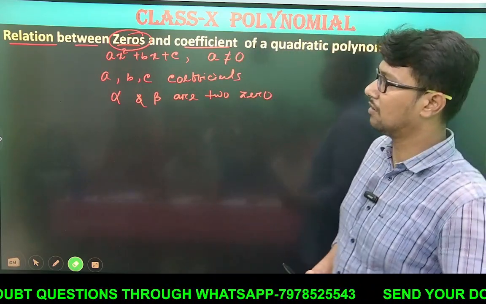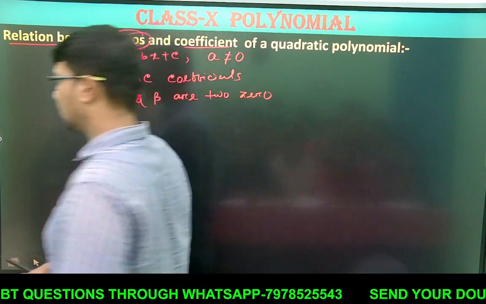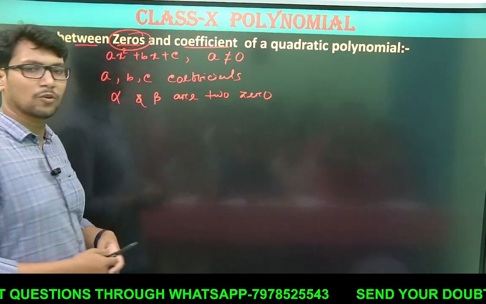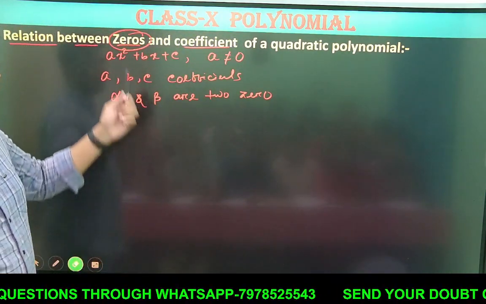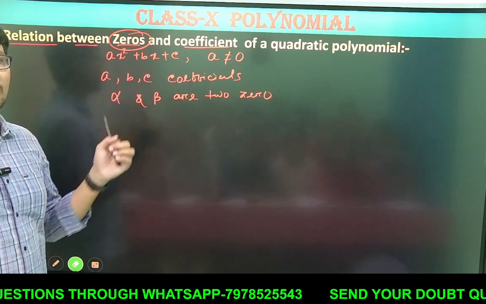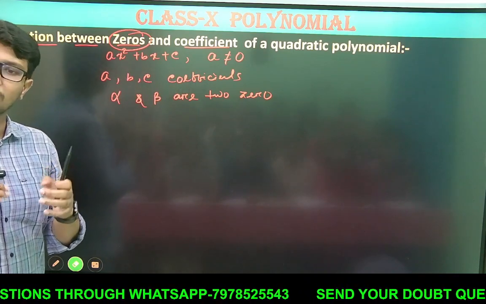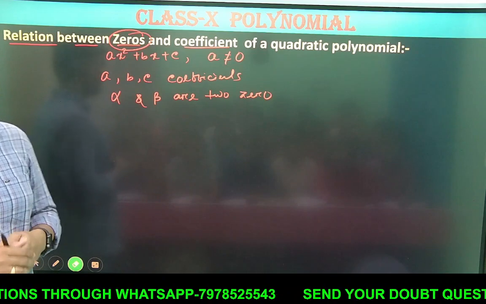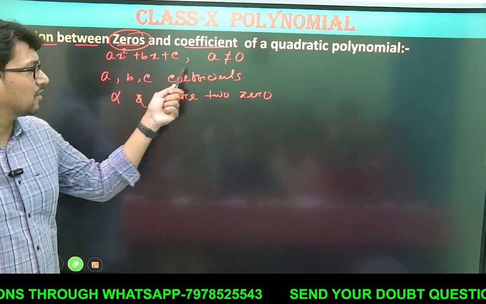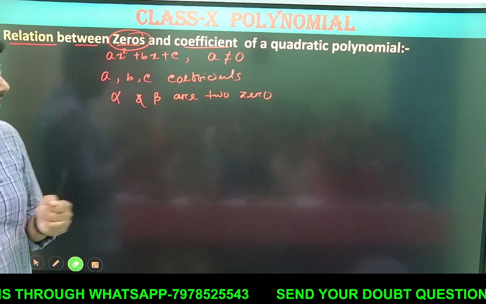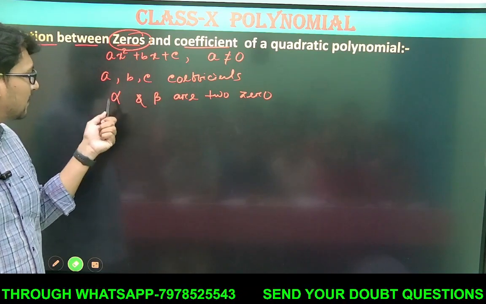For the relation, we first need the coefficients. We should understand what the coefficients of the quadratic polynomial are. This is the general form, so we are going to find the relation in general. This is the general quadratic polynomial, and these are the coefficients.